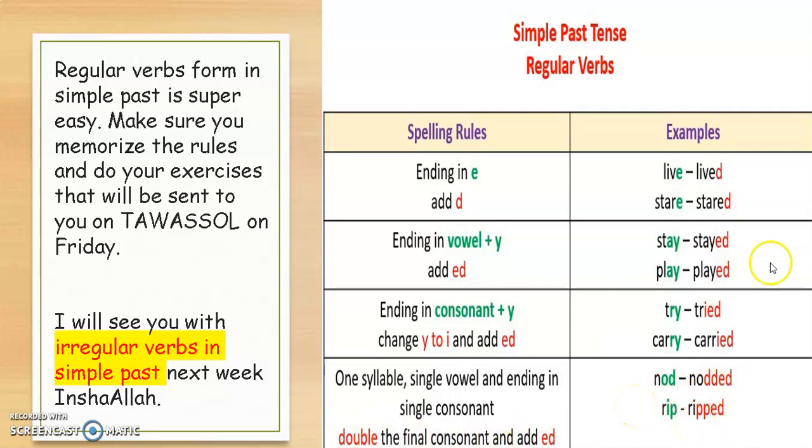So basically this is it. You have to read it carefully, go through it so many times, and I will make sure I get you another video explaining even more these rules. Regular verbs in simple past is super easy peasy, lemon squeezy, as I say. So make sure please you memorize the rules and do your exercises that will be sent to you on Tawassul on Friday.